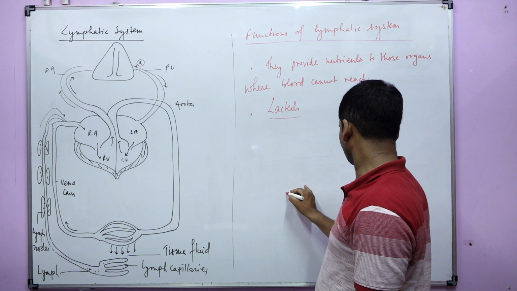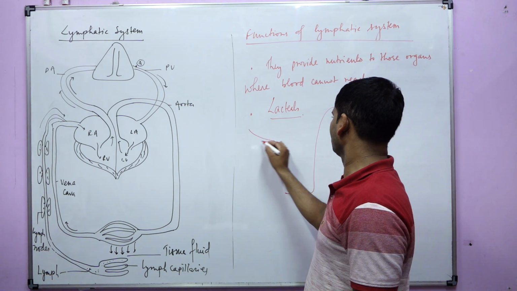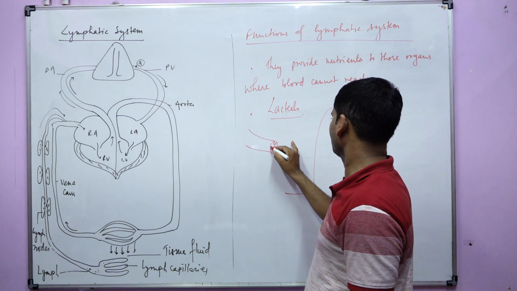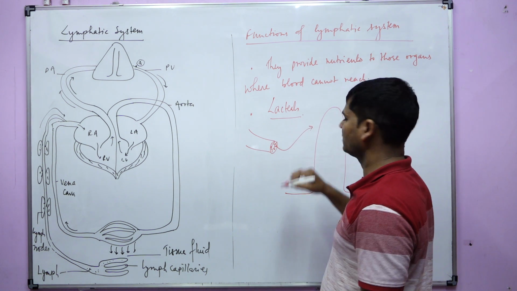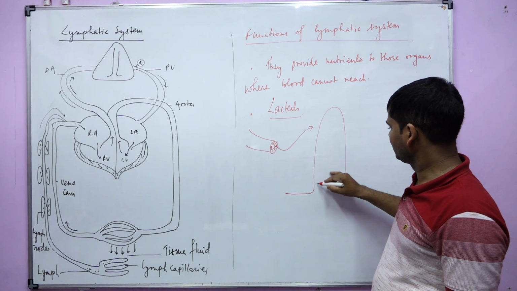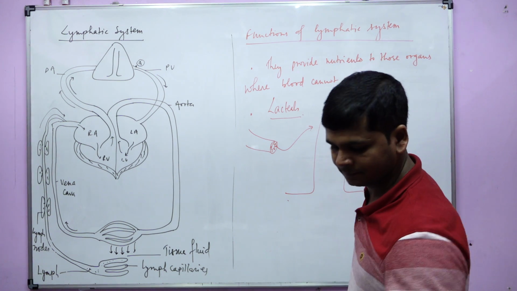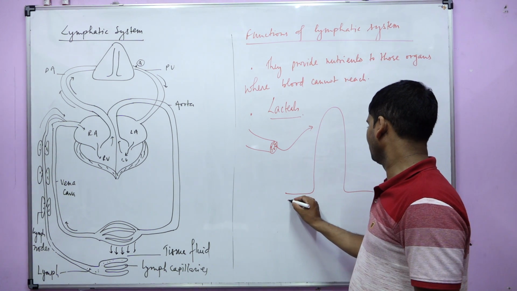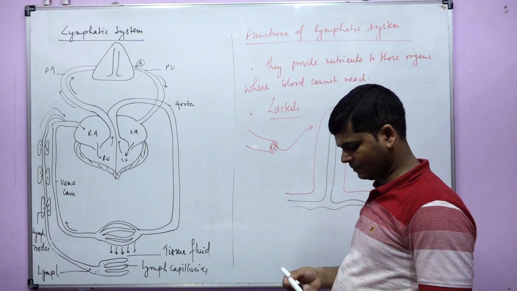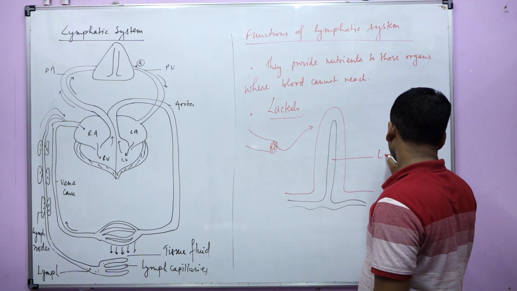Lacteals, if you would like to understand, on the inner wall of our intestines we have finger-like projections, and one of these has been magnified here. At the center of this villus you will find a thick blood capillary, and this is called lacteal.